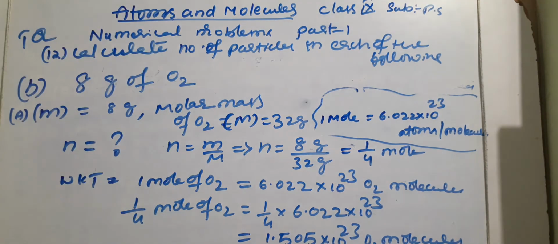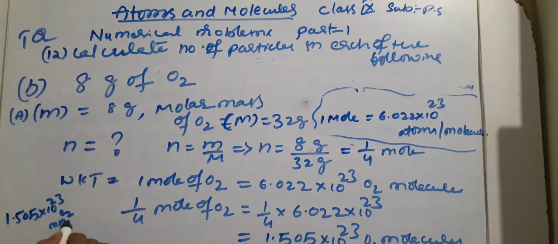So 8 grams of O2 has 1.505 into 10 power 23 O2 molecules, students.